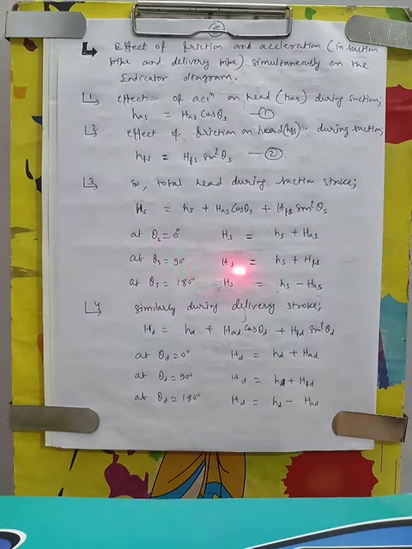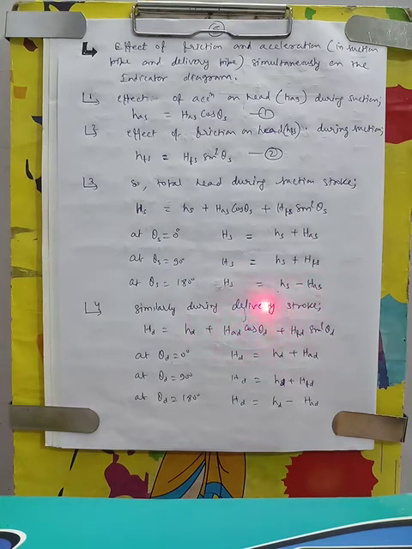At 90 degree, Hs is equal to Hs plus HFS, since the acceleration term is 0. And at 180 degree the friction term is 0 and the acceleration term is minus, so Hs minus HAS.